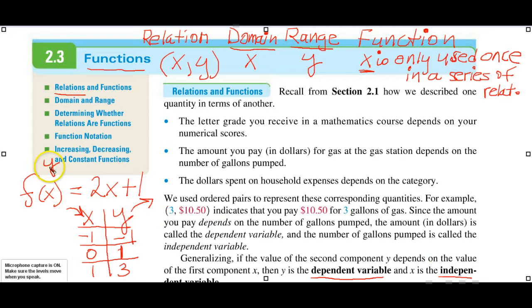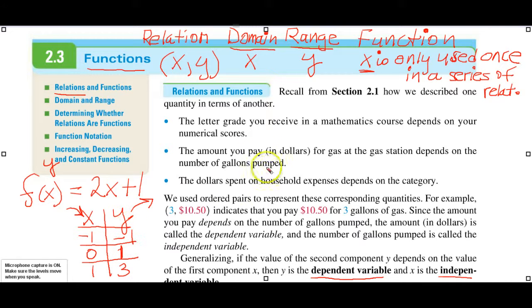So we have the variable y and we have the variable x. Well, when we put a value for x here, that is our independent variable. And when we put that into the system and get this output, this y value is a dependent value, or in this case, variable.